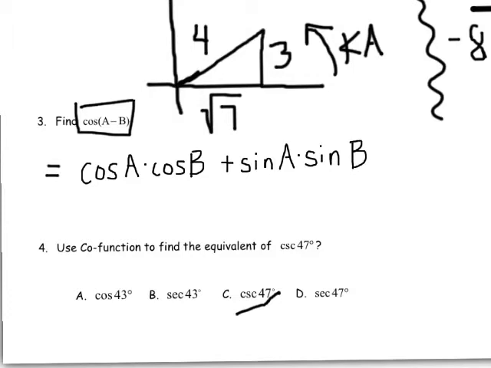All right, now cosine of A. This is something I can evaluate because I know this is angle A, and cosine of an angle is equal to the ratio adjacent over hypotenuse. So the answer to this is adjacent over hypotenuse, root 7 over 4.